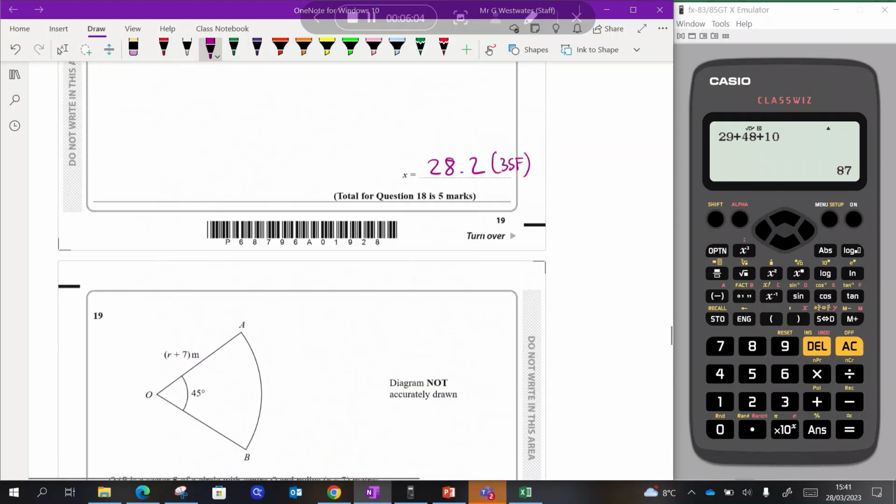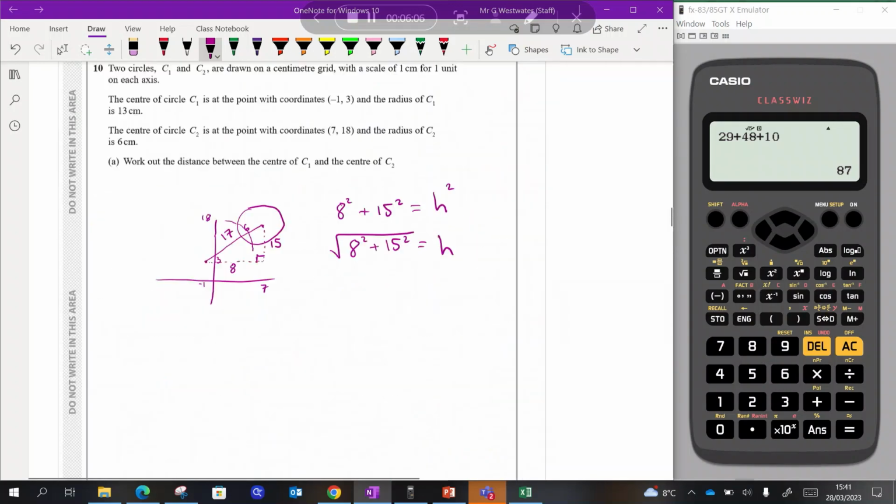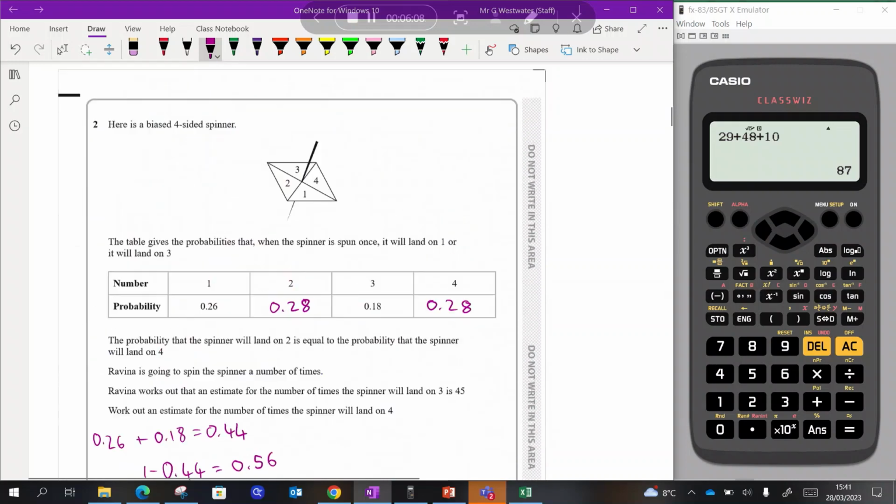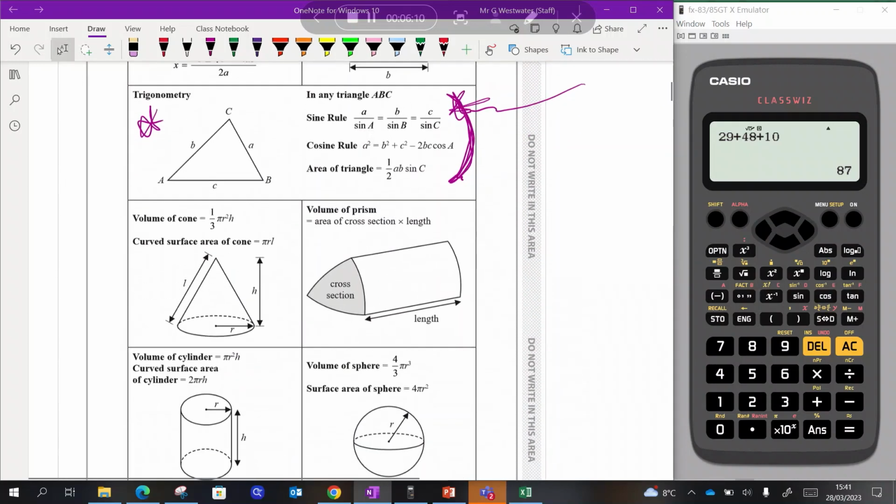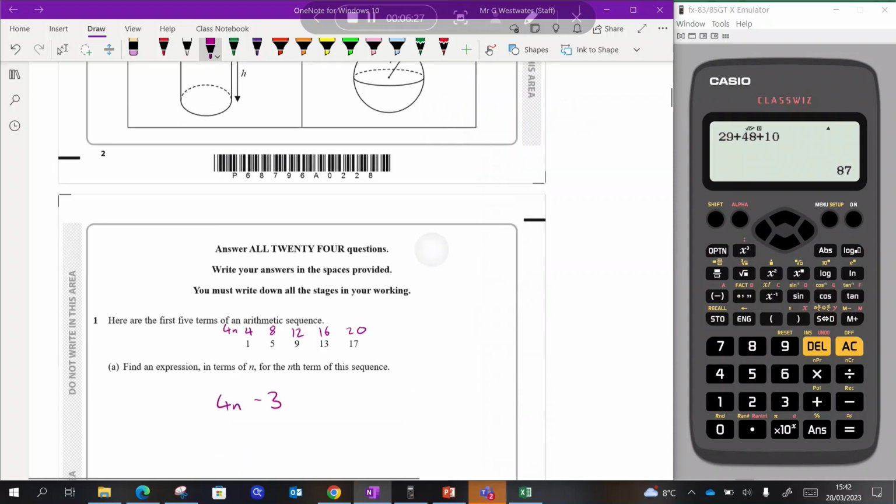So again, if you go back all the way to the start, to all of our formulae, we're given the volume of a sphere, 4/3 pi r cubed, and the volume of a cone is 1/3 pi r squared h. But we will also use the curved surface area of a cone, which is pi r l.